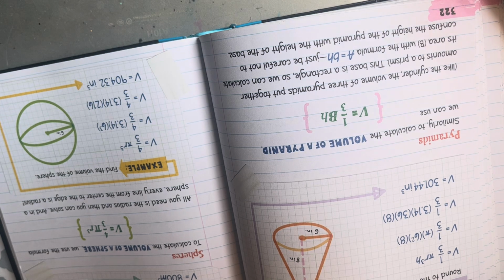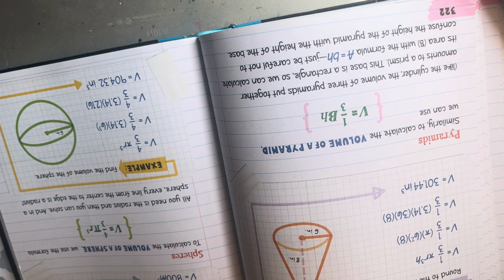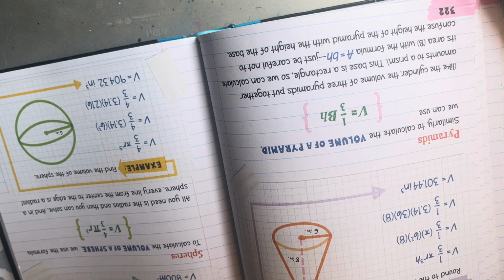A equals pi r to the power of 2, to find the area of the base. So if we combine the formulas, we get V equals 1/3 times pi times r to the power of 2 times h.